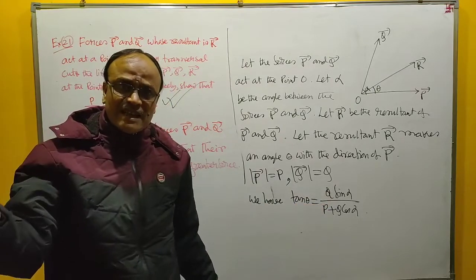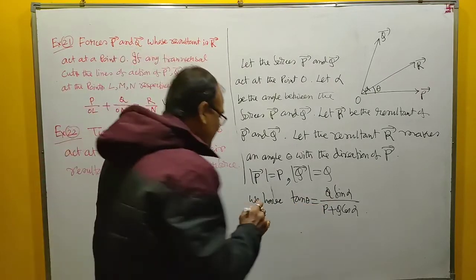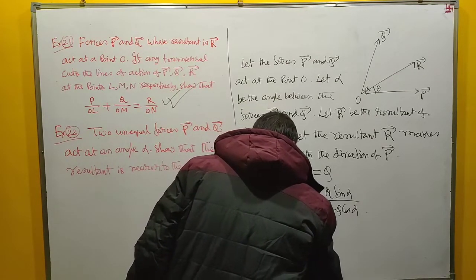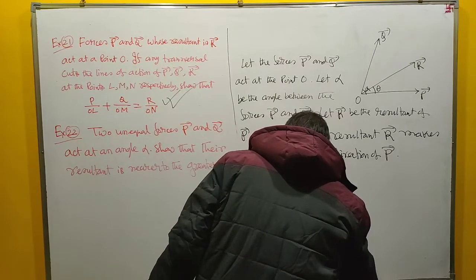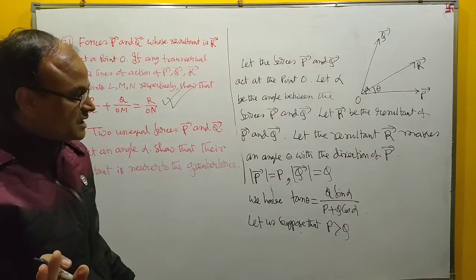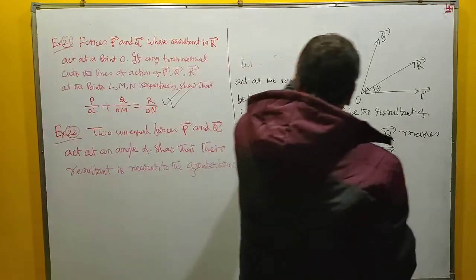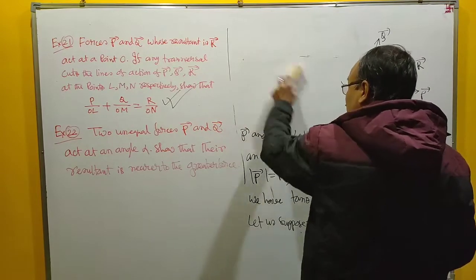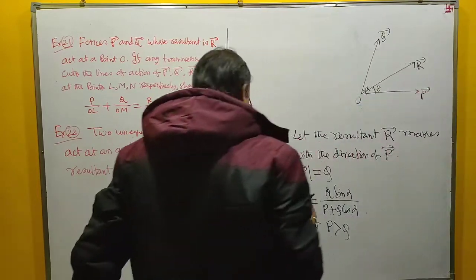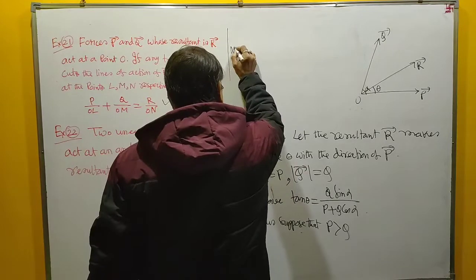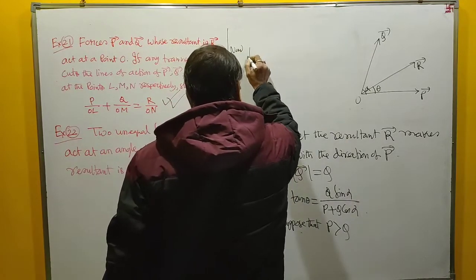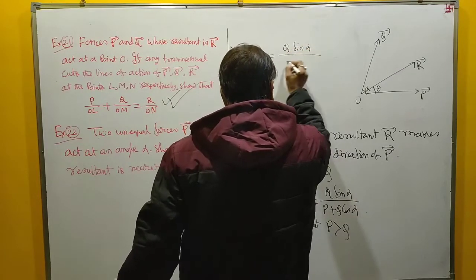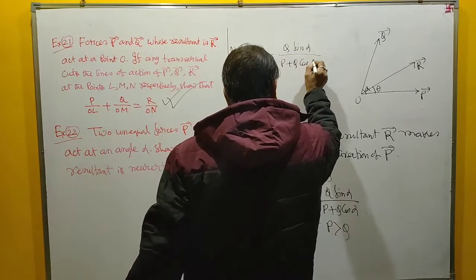Let us suppose that the force P is greater than Q. Now tan theta equal to Q sine alpha divided by P plus Q cos alpha.